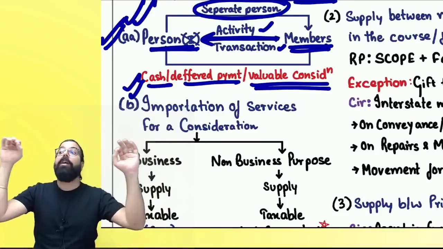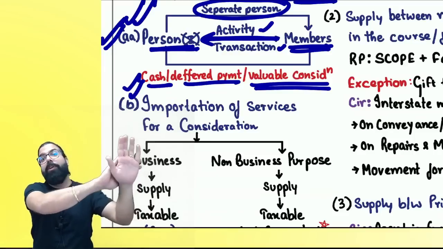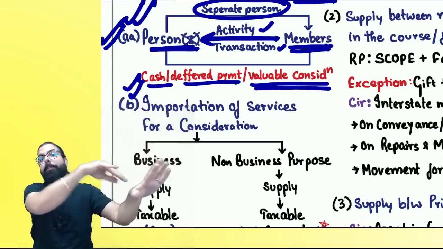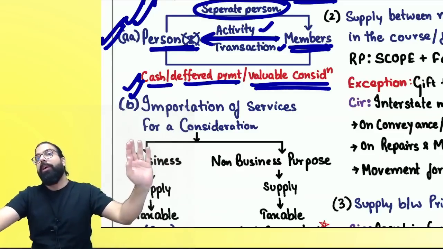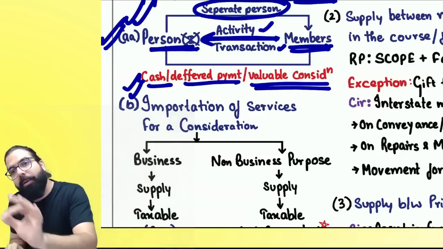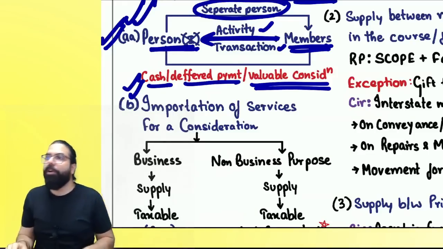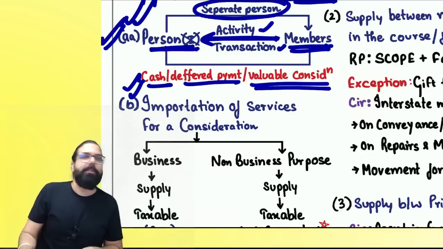Club and members are separate. Club doing any activity or transaction for the member, or member doing any activity for the club, both will be a transaction, and if there is any charge being charged, it has to be for a consideration. Only then it will be considered as supply.